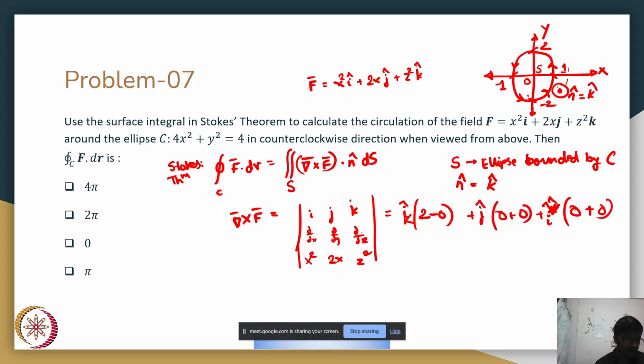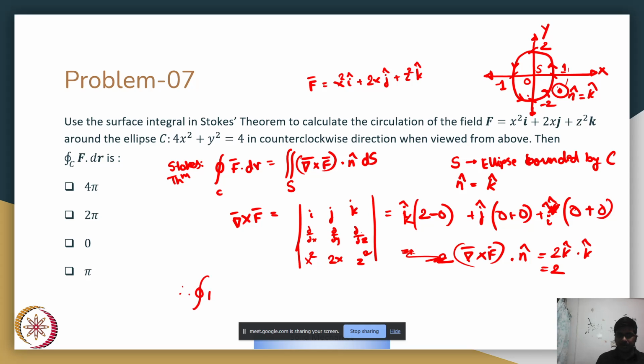So curl of F dot k is nothing but 2, and curl of F dot n is 2 k hat dot k hat, which is 2.